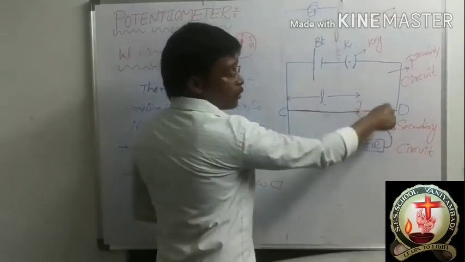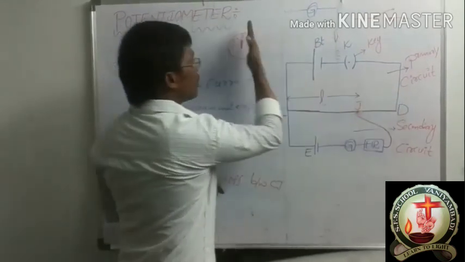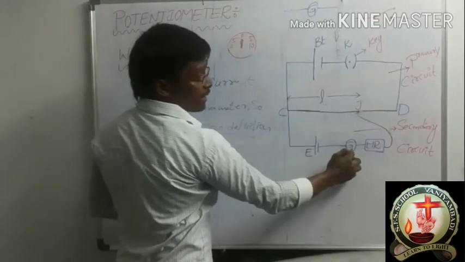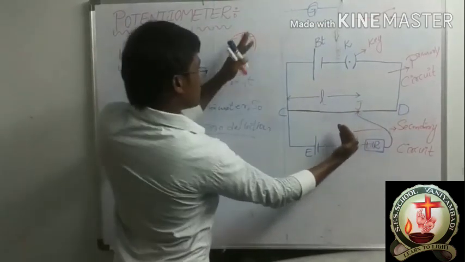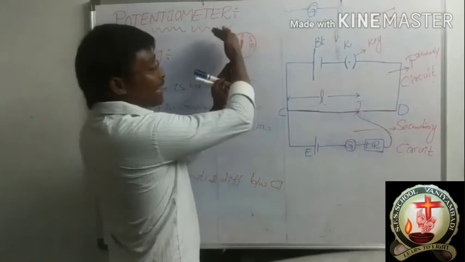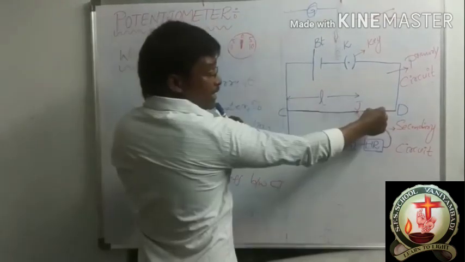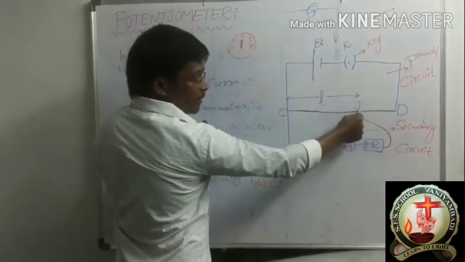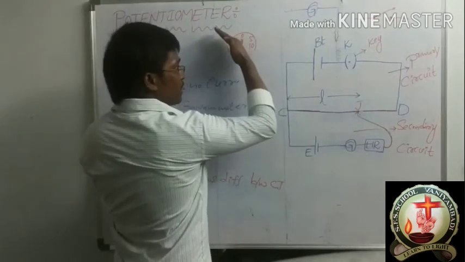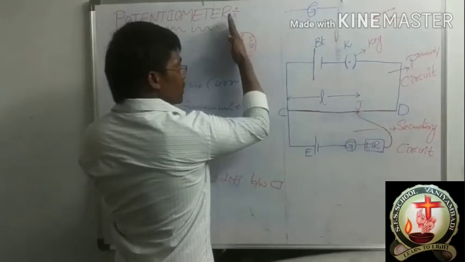Whenever you touch one particular place, the galvanometer shows some particular reading. But when you move the jockey, the galvanometer moves towards zero deflection.